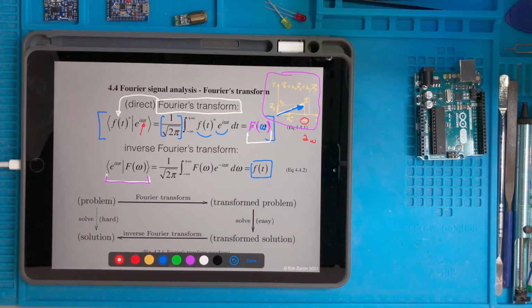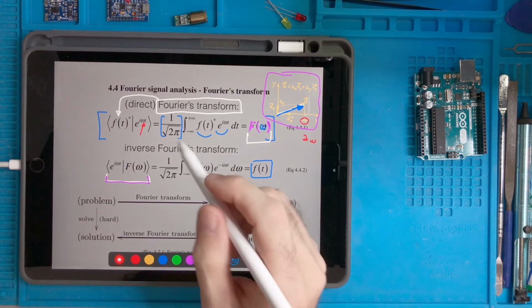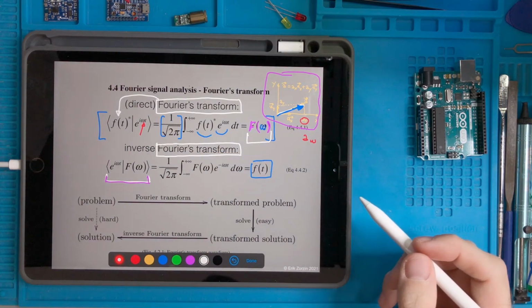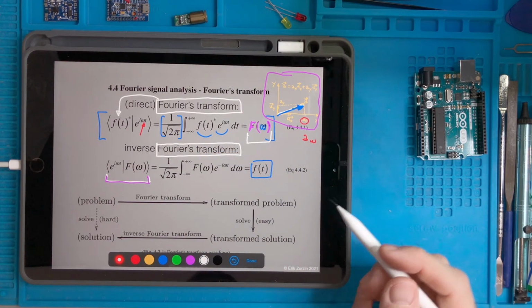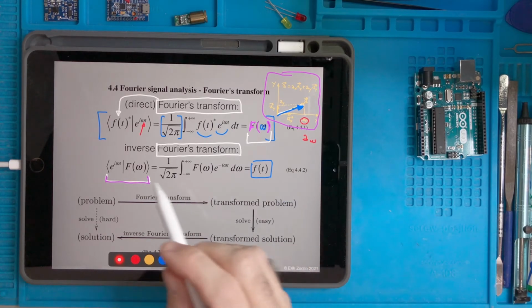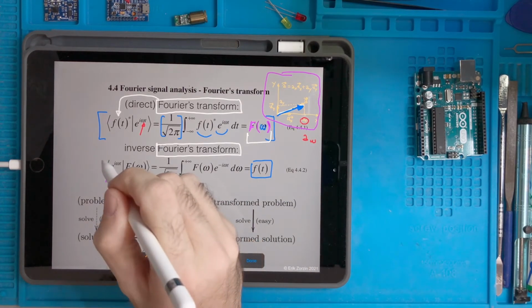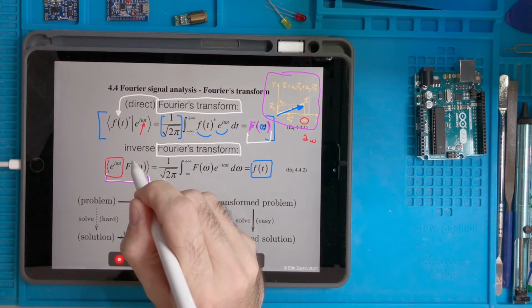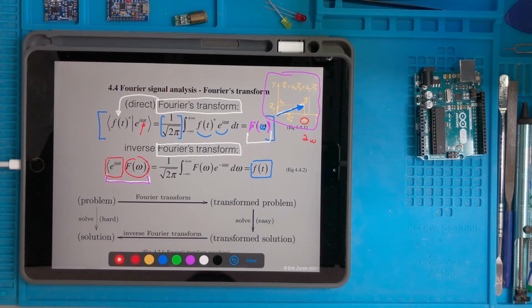So this operation is called inverse Fourier transformation, which is the synthesis of a function of time by summating many sinusoidal signals. Remember that these are basically sinusoidal signals, all of them coming with a certain coefficient.